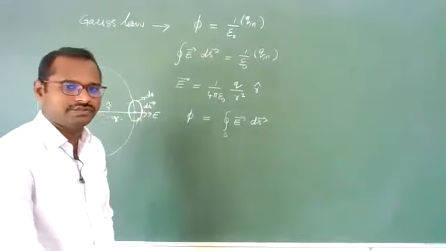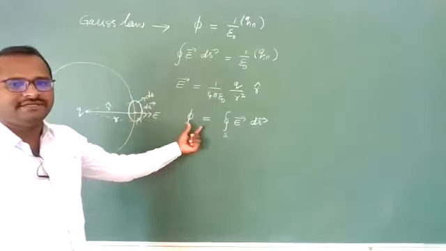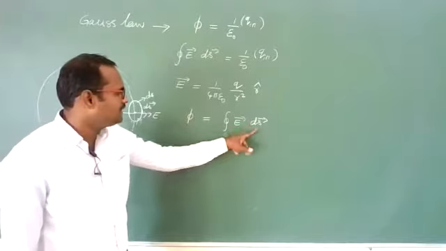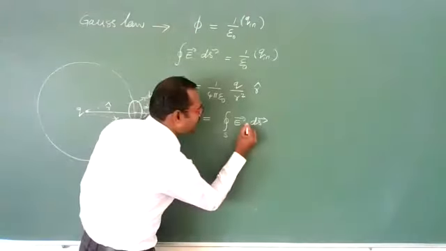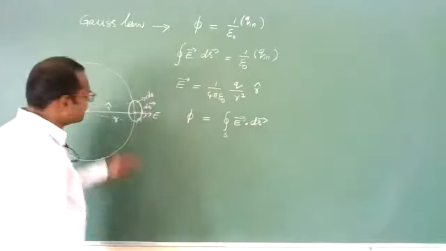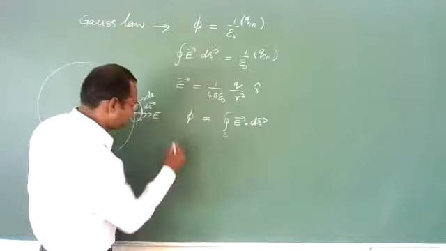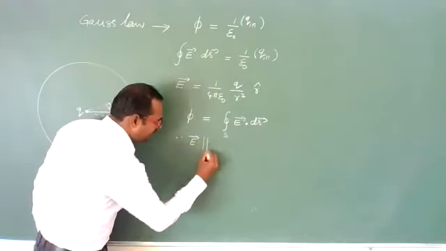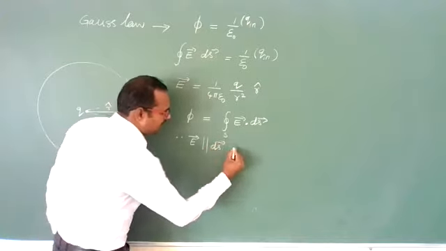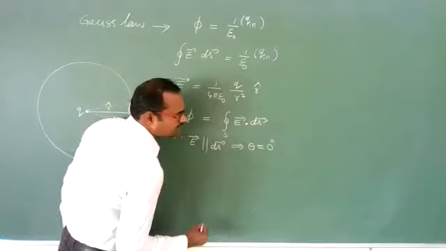Yes, students. So I want the electric flux. That definition can be written as the surface integral of E bar dot ds bar. It is a dot product. See here, E bar and ds bar are both parallel to each other. Since E bar is parallel to ds bar, theta between these two is 0 degrees.